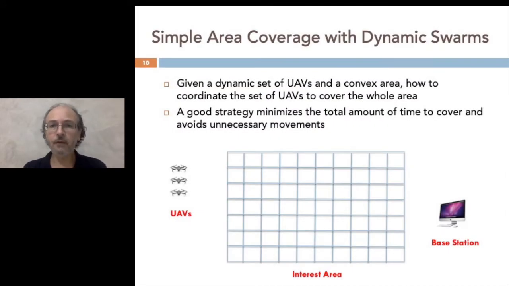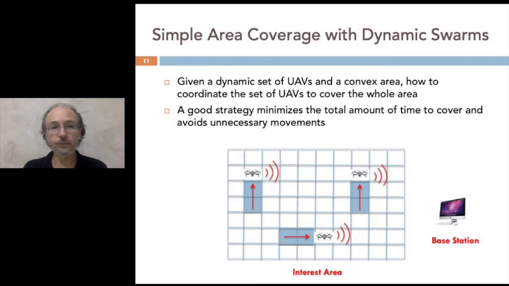The simple area coverage problem with dynamic swarms can be simply described. We have as input a grid representing an interest area, and we have a set of UAVs. In this slide, we represent 3 UAVs. And the UAVs will fly over the interest area, and they have to cover the whole area.